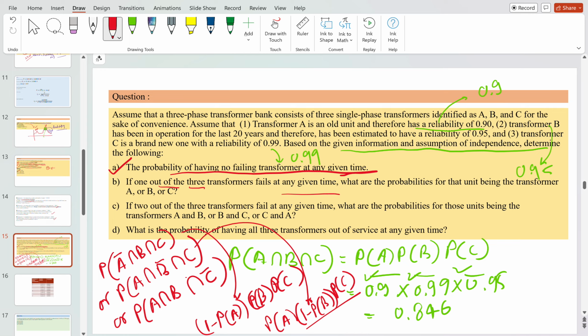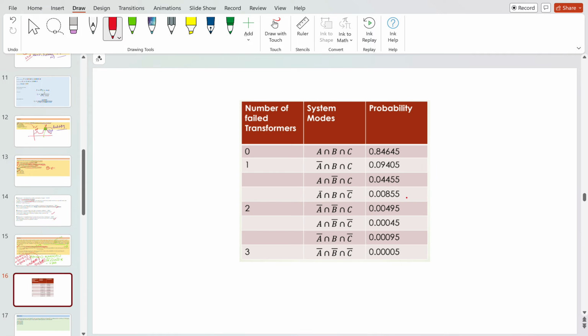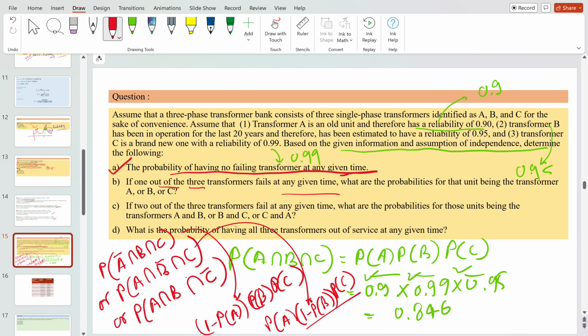Okay, I got the same answer. Most probably it will be correct. So it is 0.00495, 0.0095, and 0.0045. That's correct. Try to solve part D. After that, I will give the final solution of C and D. I request others also to solve.